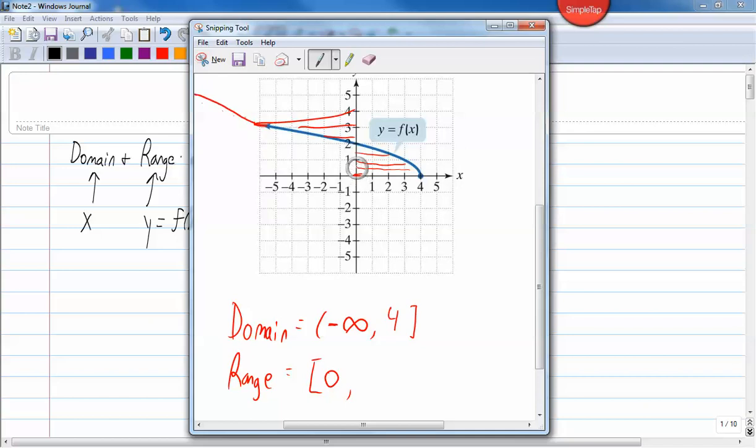So this is in the positive direction forever on the y-axis. That's positive infinity. So you put positive infinity with a parentheses. So negative infinity to positive 4 with a bracket is the domain. 0 to positive infinity is the range.